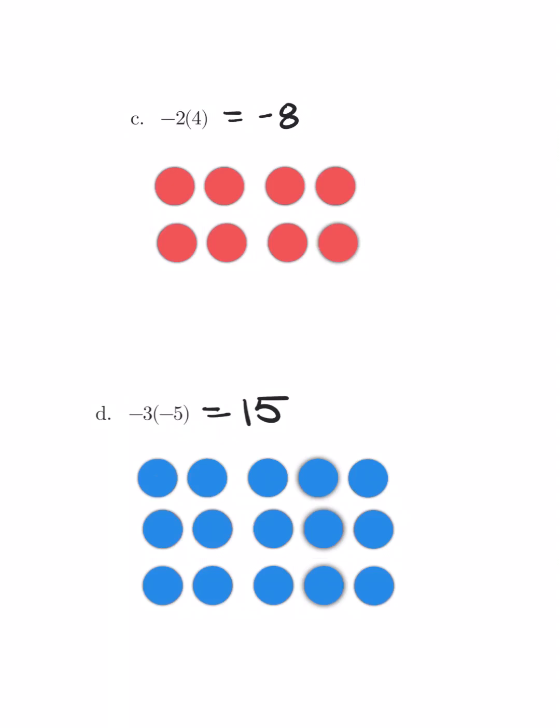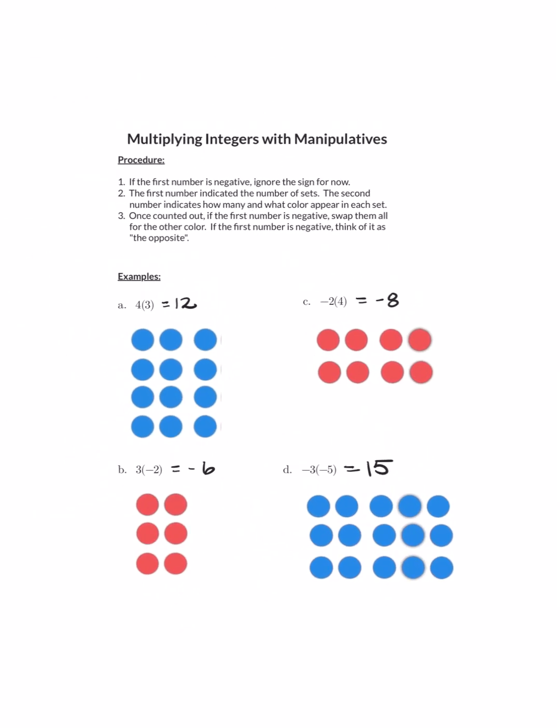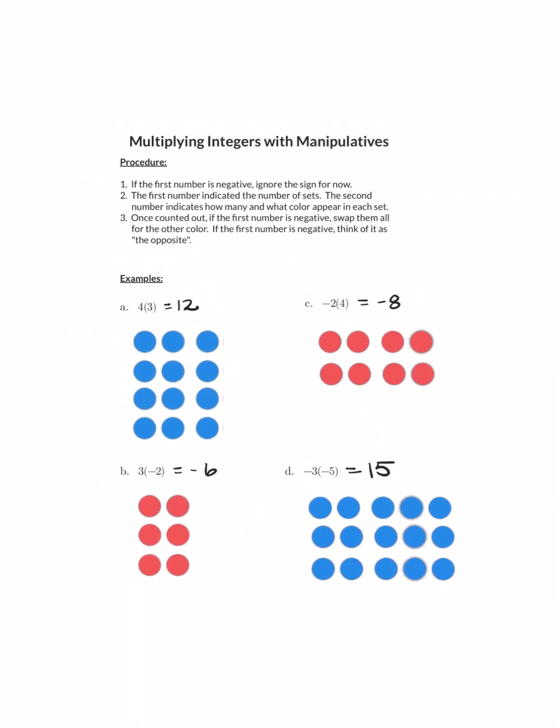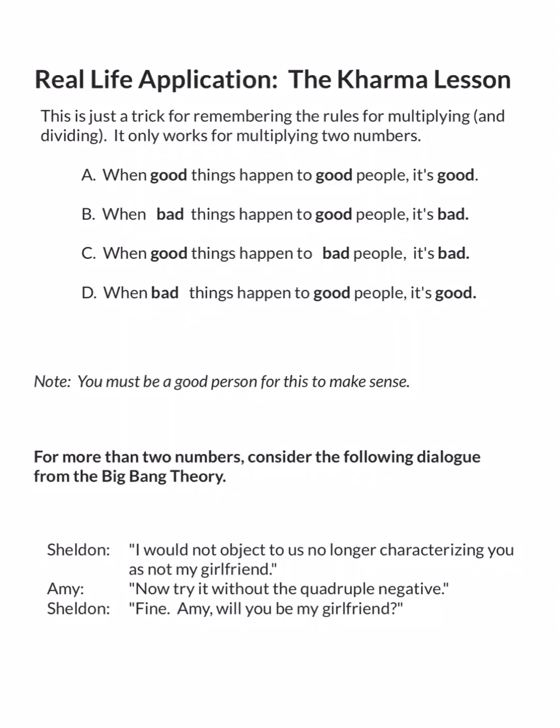All right, let's look at a couple other examples of how to think of multiplying negative numbers. Another way to remember multiplying and dividing signed numbers is the karma lesson.